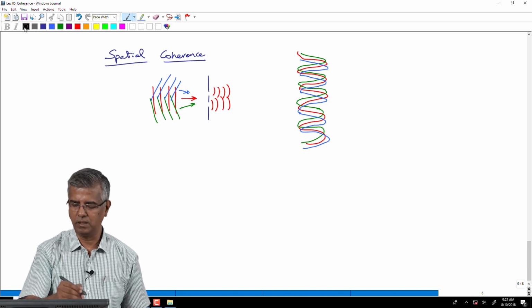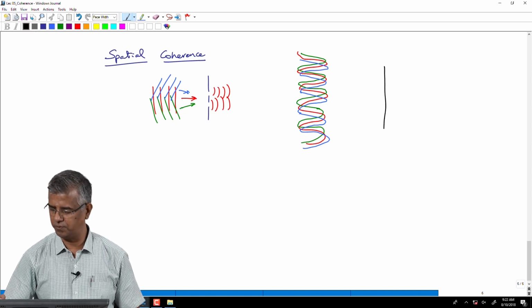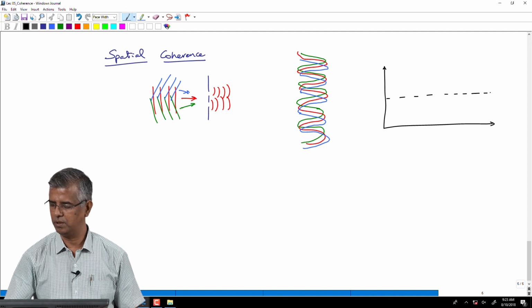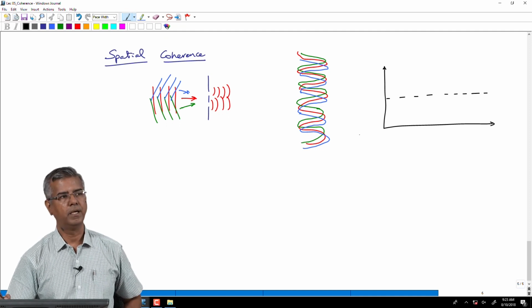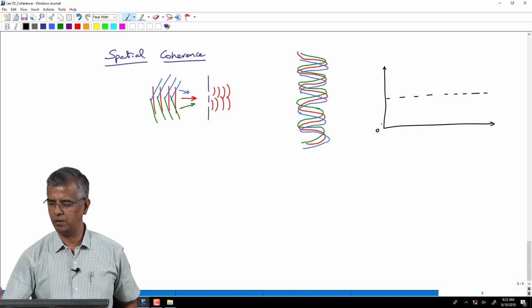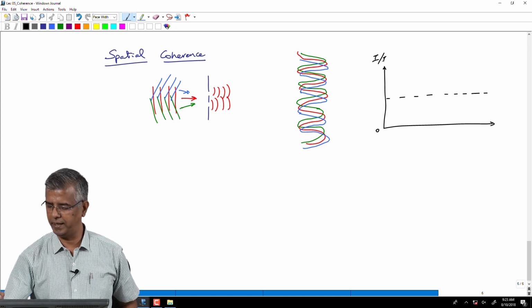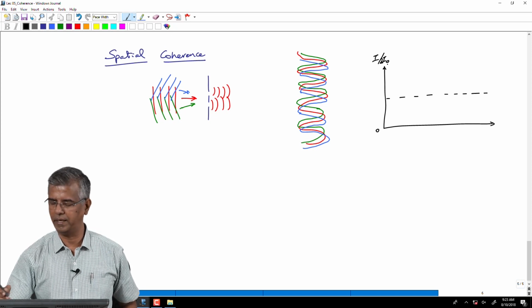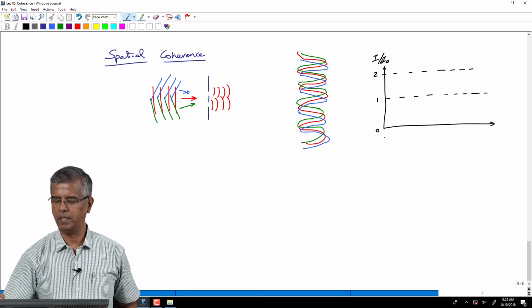Or in other words, when you look at this interference fringe, you are basically looking at some average value, and previously you were going from 0, let us say we are plotting I over 2 times I naught, right. We are plotting over 0 to 2, right, it was going from maxima to minima and so on.